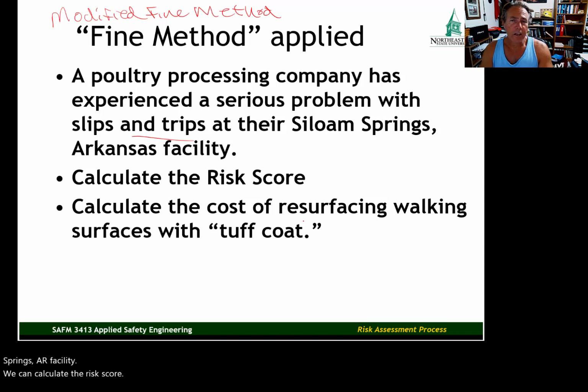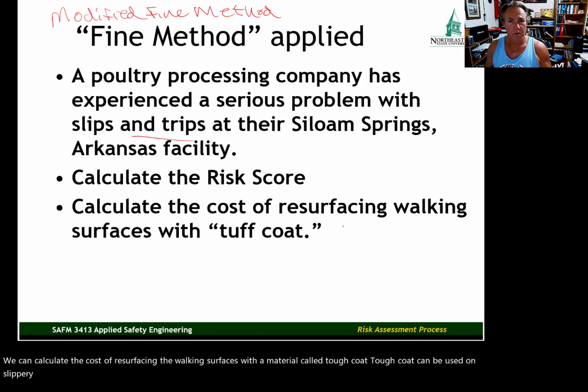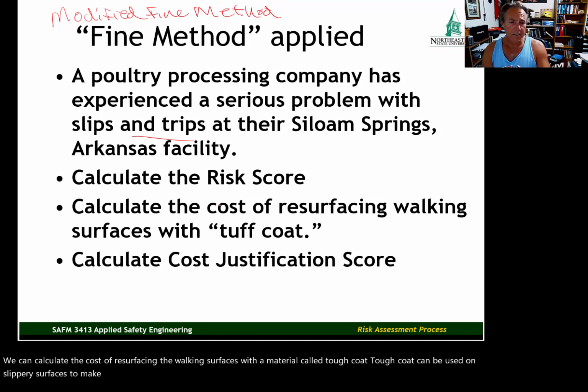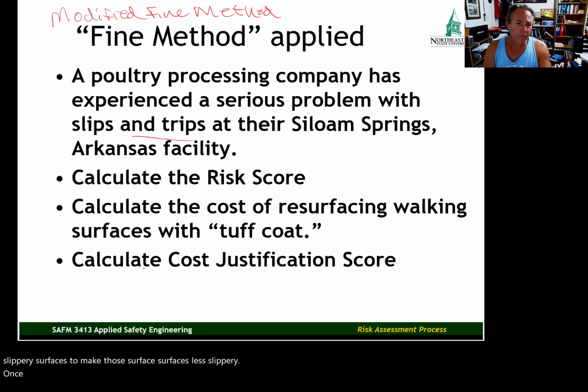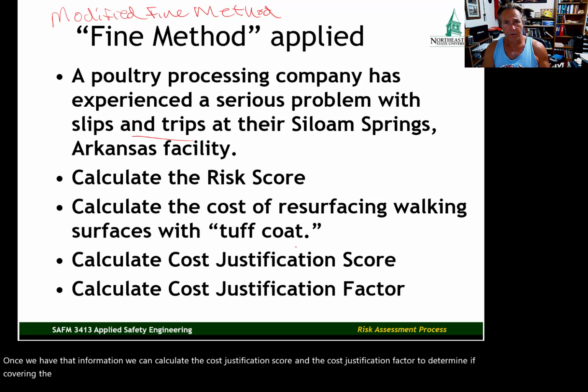We can calculate the cost of resurfacing the walking surfaces with a material called Tough Coat. Tough Coat can be used on slippery surfaces to make those surfaces less slippery. Once we have that information, we can calculate the cost justification score and the cost justification factor to determine if covering the surfaces with Tough Coat is justified.